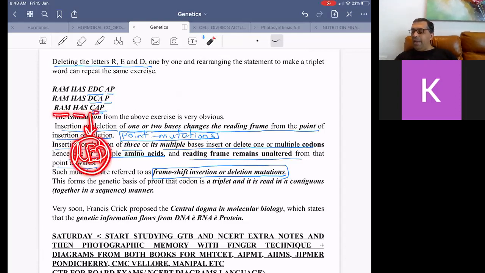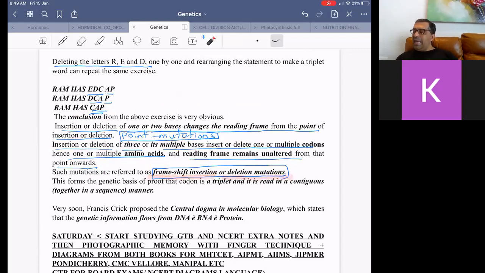Then CAP and the remaining sequence remains the same. That is, when three or multiples of three are inserted or deleted, one or multiple amino acids are added or deleted and the remaining reading frame remains unaltered, and that is called frame shift insertion or frame shift deletion.